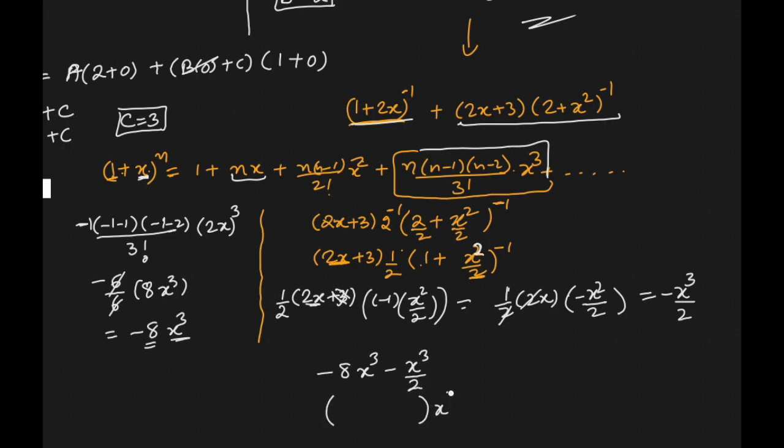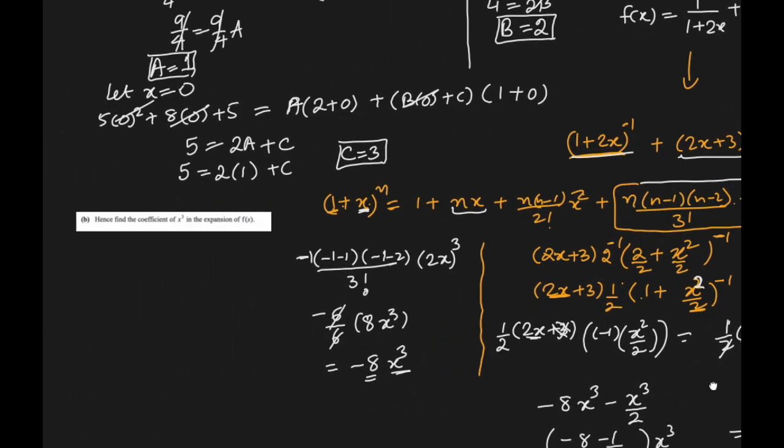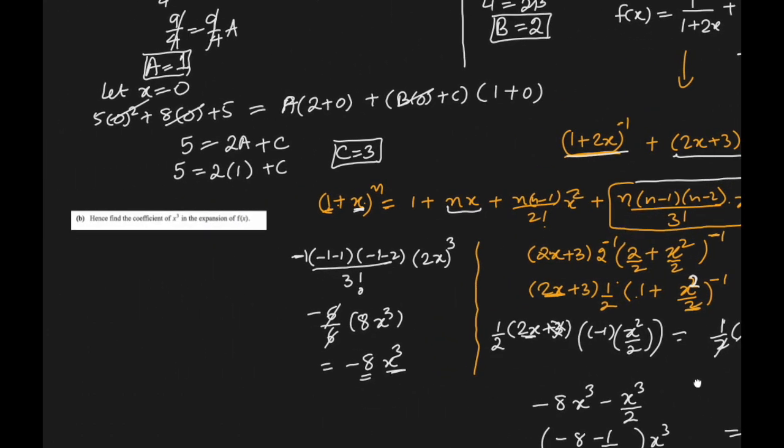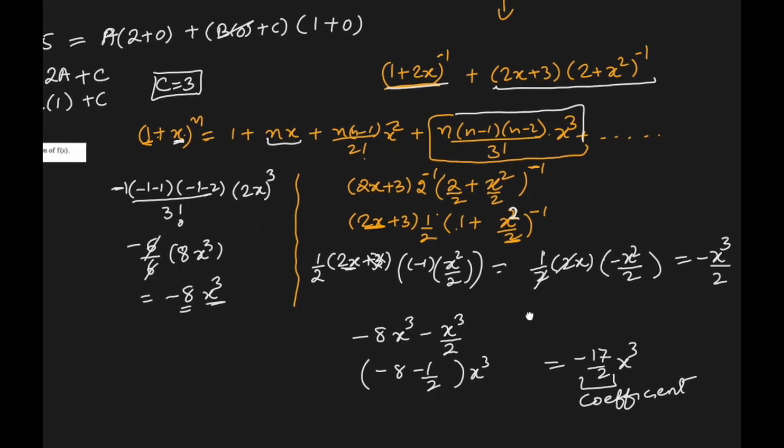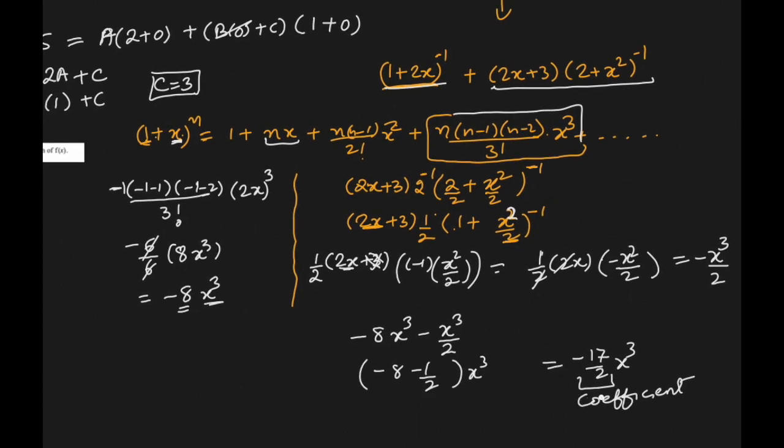So x cube, let's take it common. It will be minus 8 minus 1 over 2, 16 minus 1, 17. Minus 17 over 2 x cube. So minus 17 over 2 is the coefficient of x cube, and I hope that's what they asked. Find the coefficient. Okay, no need to convert to decimal. This is the coefficient.